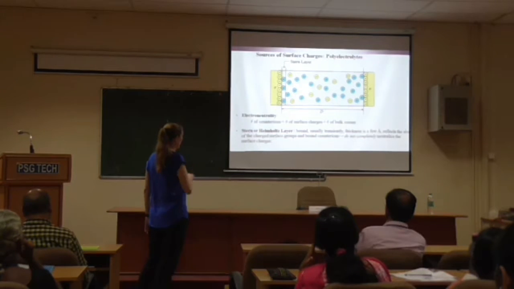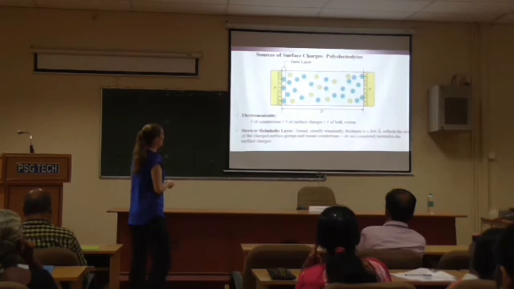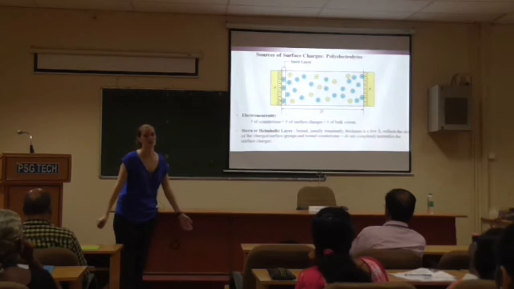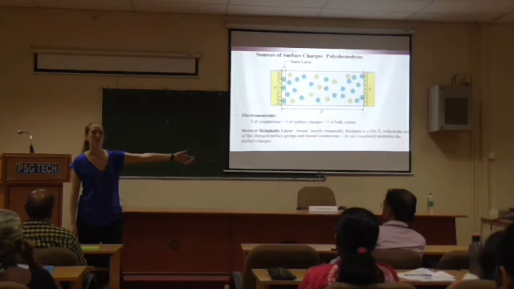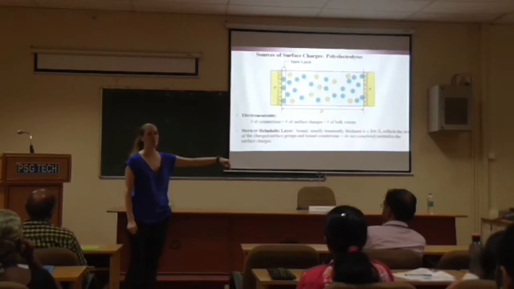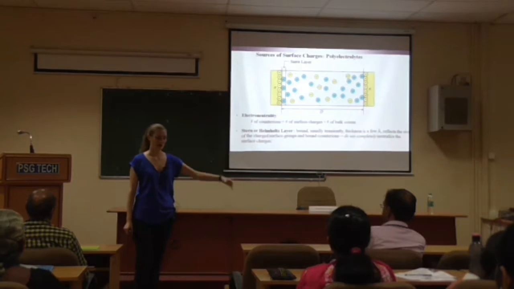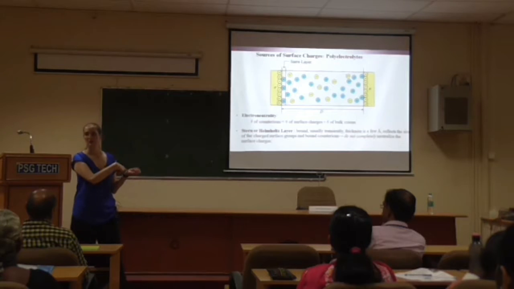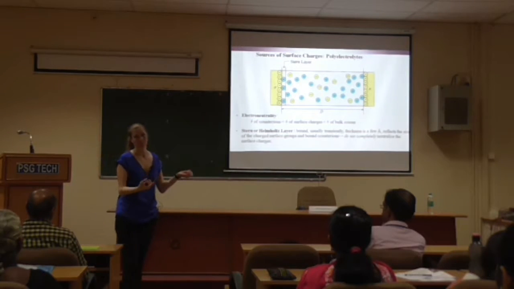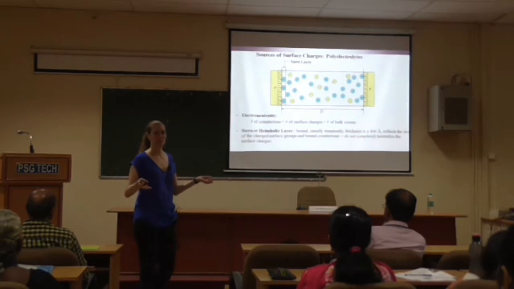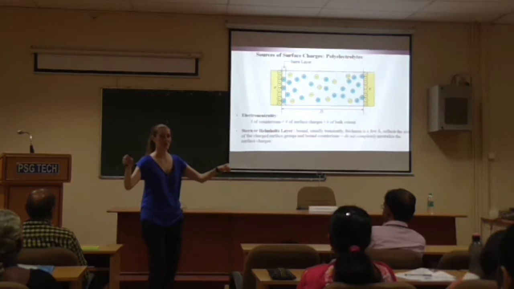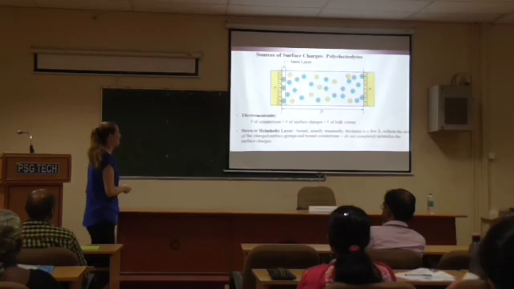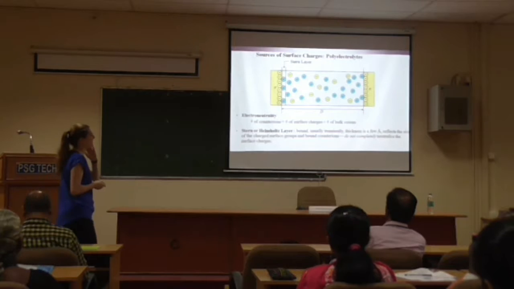So, if you go far enough away from my surface, and I just have salt, like if I put sodium chloride in water, and I pick up a bit of the water, what's the net charge in the water? 0, right? Because sodium and chloride match. So that's electroneutrality.